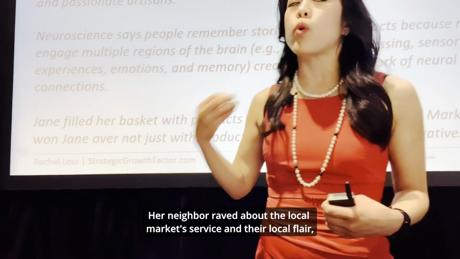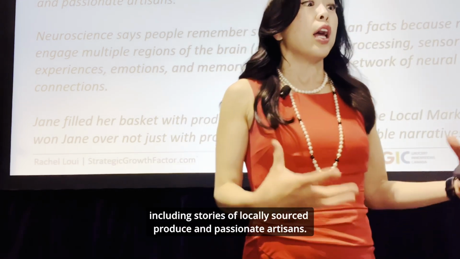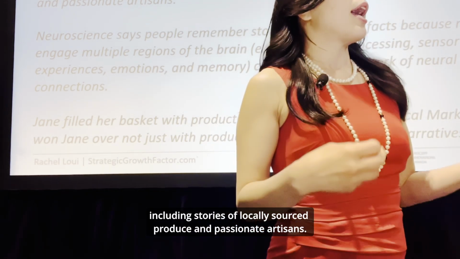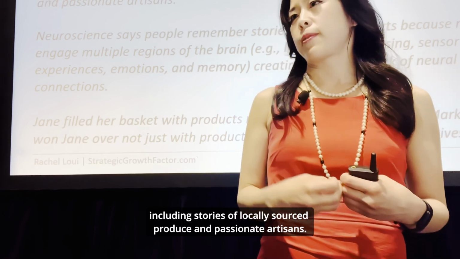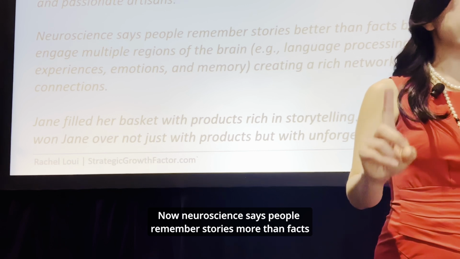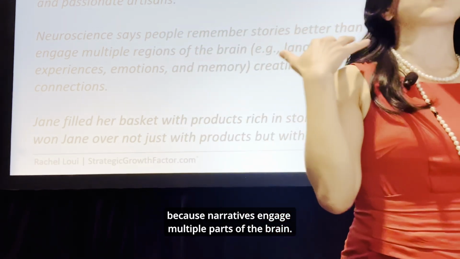Her neighbor raved about the local market's service and their local flair, including stories of locally sourced produce and passionate artisans. Now, neuroscience says people remember stories more than facts because narratives engage multiple parts of the brain.